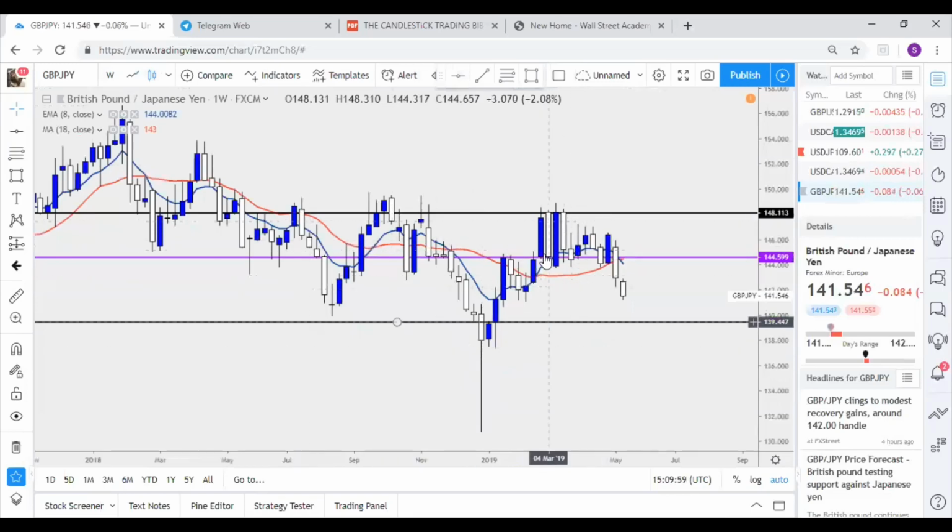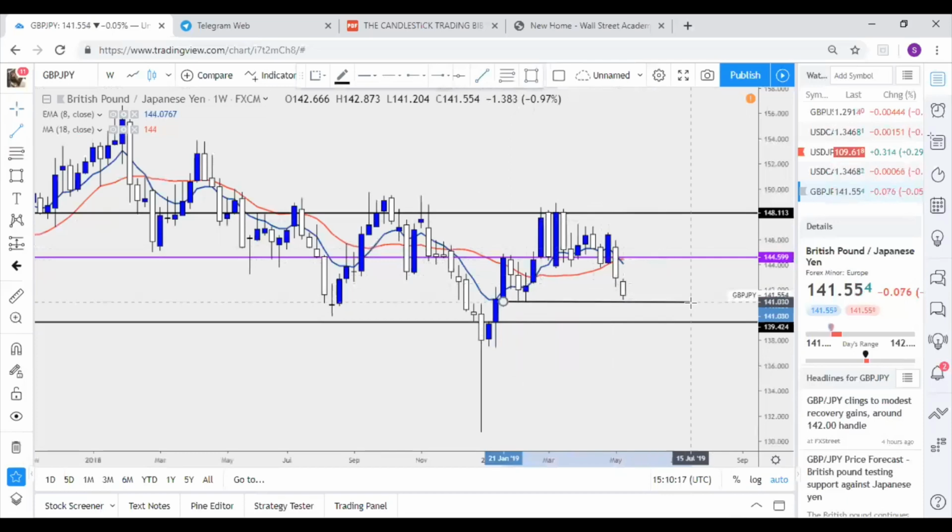So the market broke this level, which was support. Now this is a level of resistance. So my focus right now, Denver, is how I would use my wicks to my advantage. I see the wicks came down to this low point right here, and I know for a fact we're on a weekly time frame, bro.